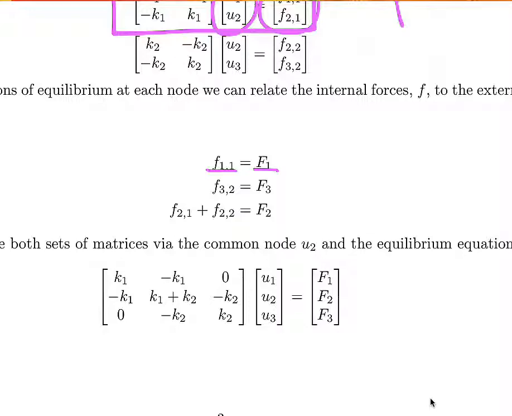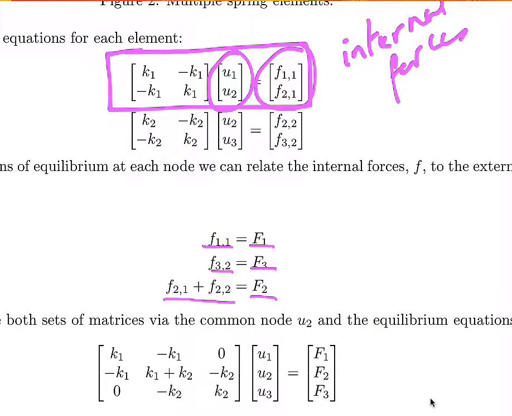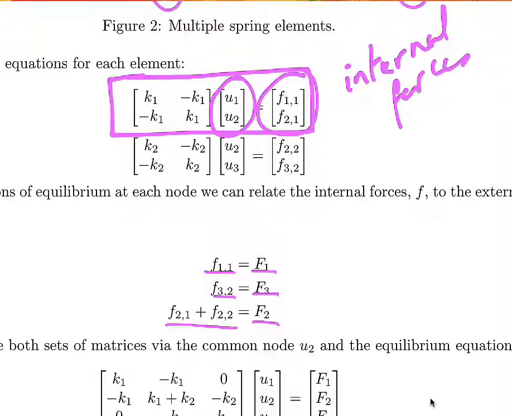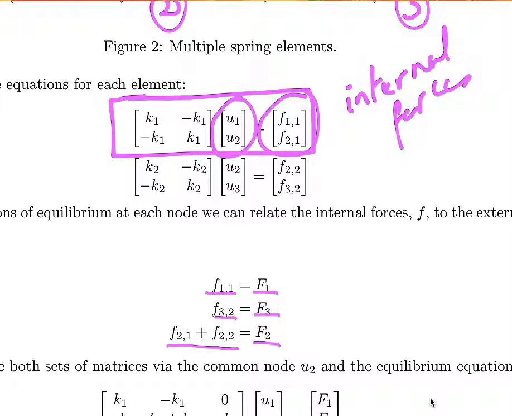And the external force at node 3 must be equal to the internal force at node 3. However, for node 2, which connects the two elements together, the external force must be equal to the sum of the two internal forces. So with this notation, we can replace the two sets of equations with only one set.